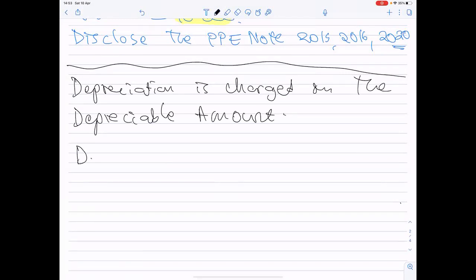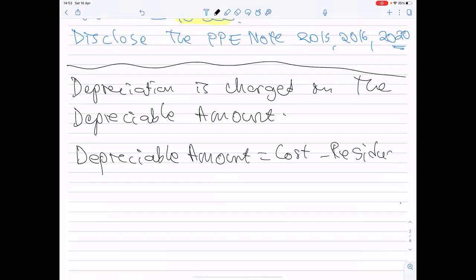And how do we calculate our depreciable amount? Our depreciable amount is equal to the cost minus the residual value. Do we understand? Our depreciable amount is the cost minus the residual value.